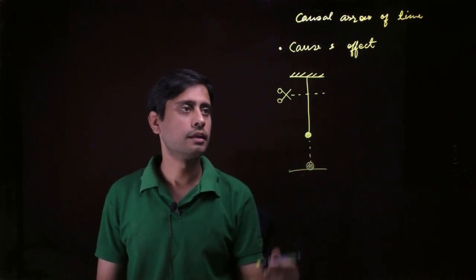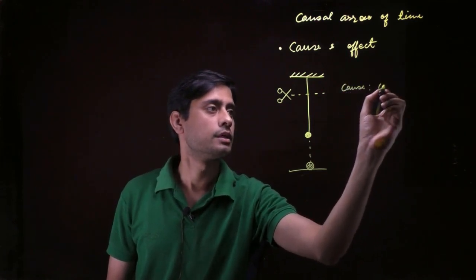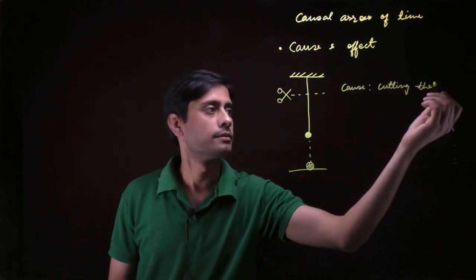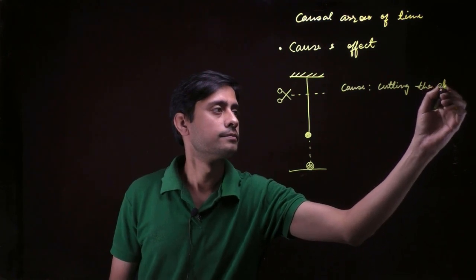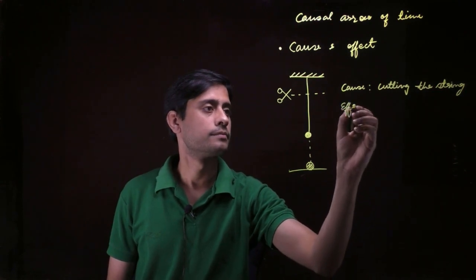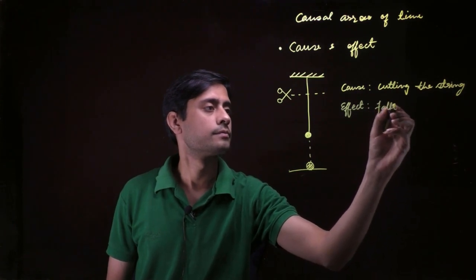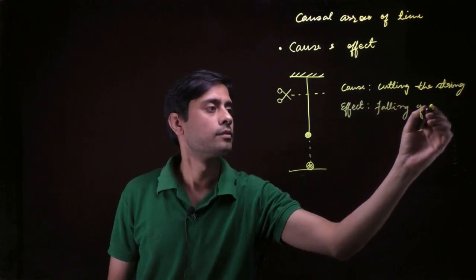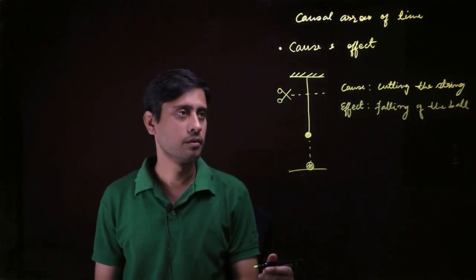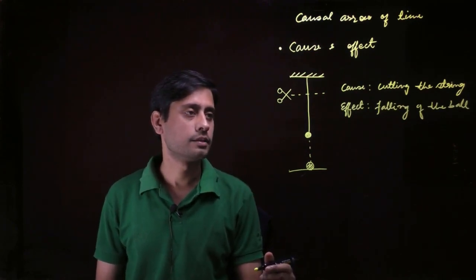So, cutting the thread is the cause. Cause is cutting the string or the thread. And the effect is falling of the ball. So this is called a cause and its effect in science.